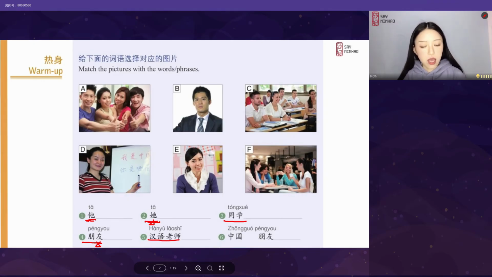Next one is 汉语老师, it means Chinese teacher. Now read after me. 汉语老师.